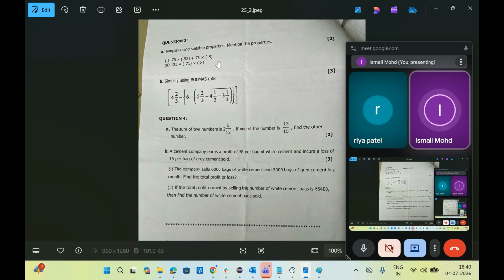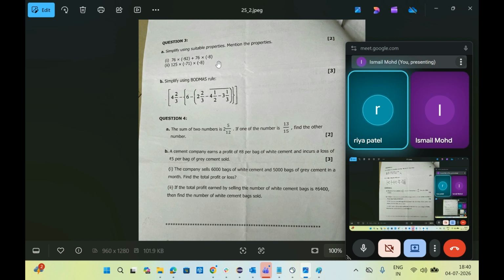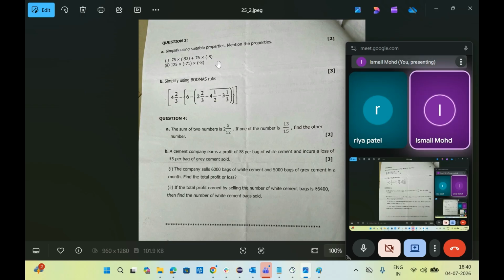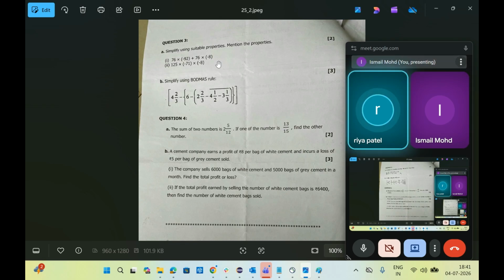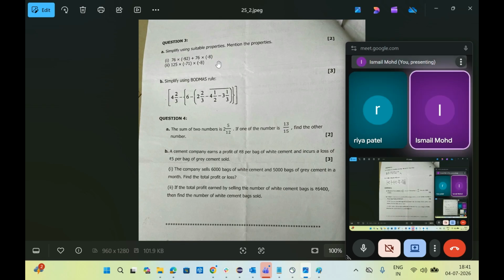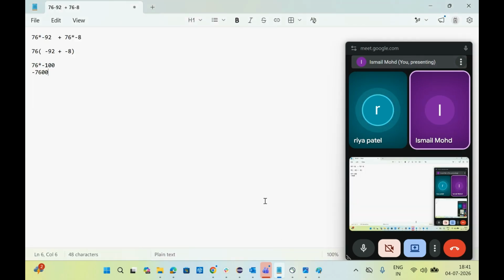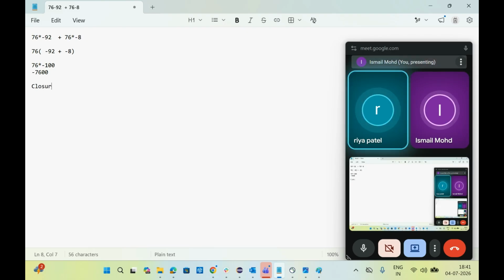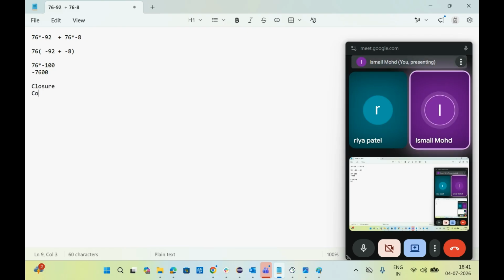What are the different properties you have? So different properties we have like closure property, associative property. Is this closure? No, sir. Then what properties? It is commutative.